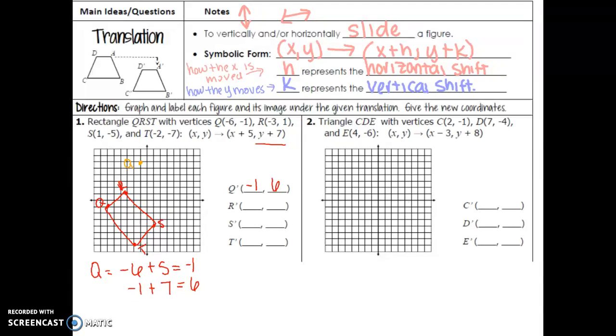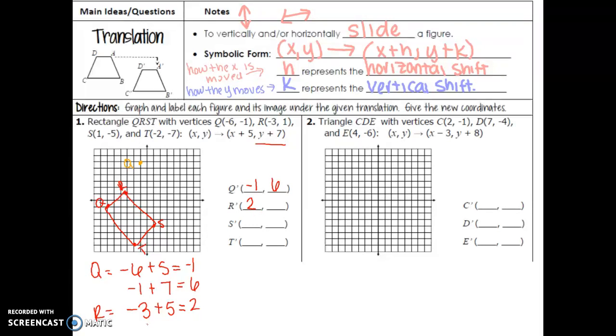For my R, it does say move x 5 in the positive direction. So we start off with -3. I'm going to add 5 to that, and that's going to give me 2. So for my R prime, my x is 2. For my y, we do have to add 7.